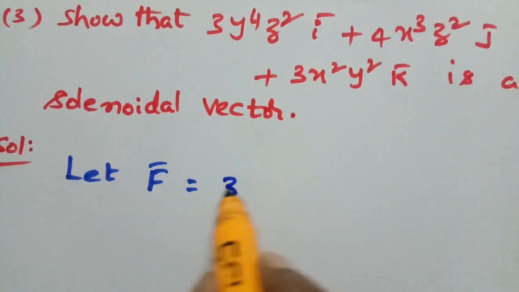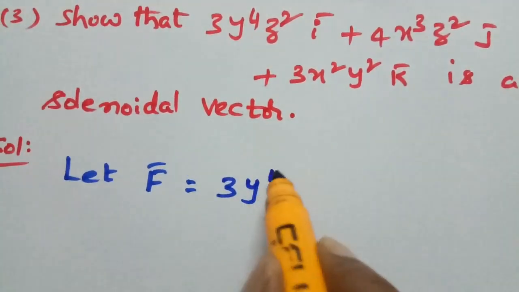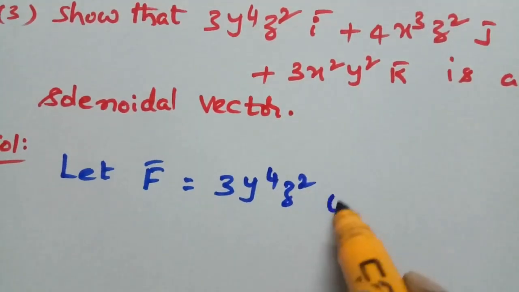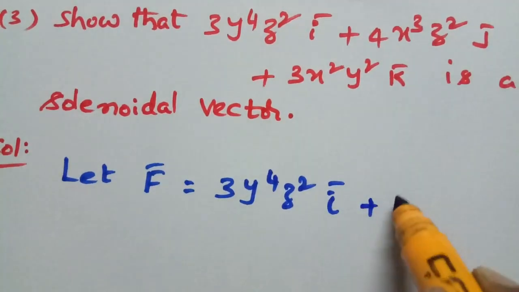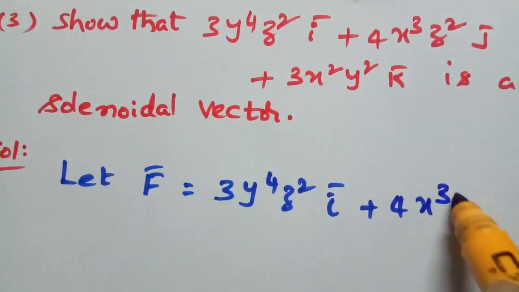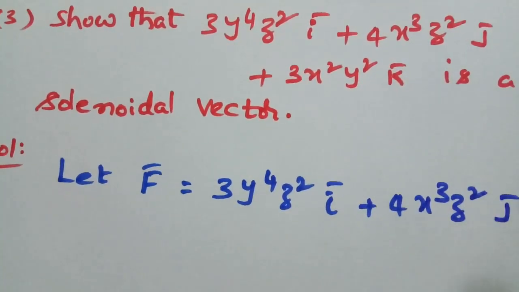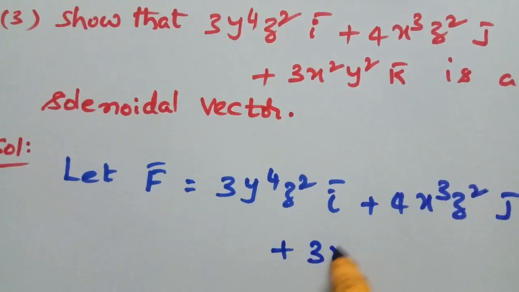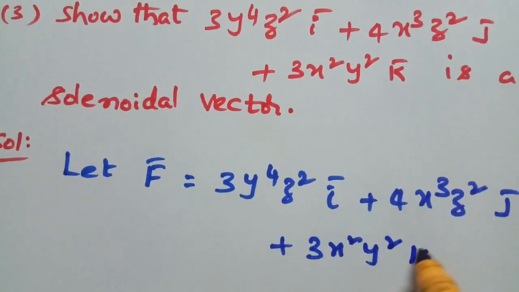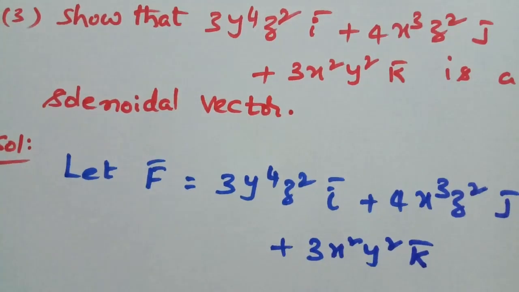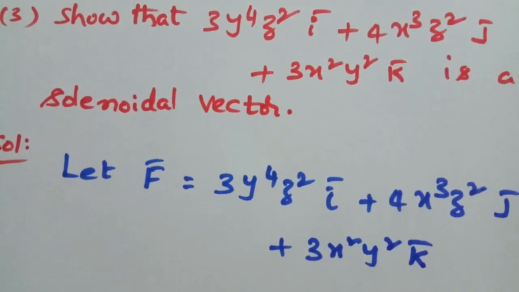So 3y power 4 z square i bar plus 4x cube z square j bar plus 3x square y square k bar. This is the given vector point function.